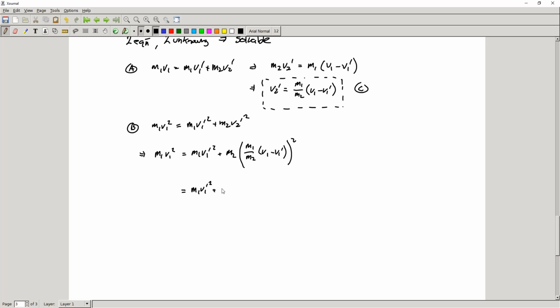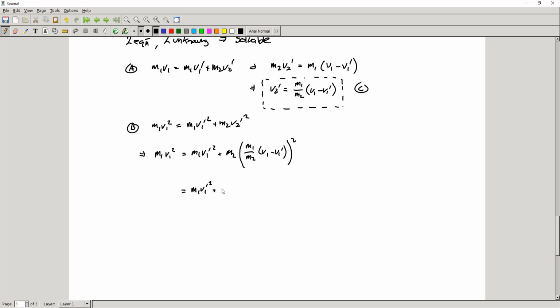Oh, I might have an error in my notes here. M2, M1. Okay, well, my numbers in the end may, well, I'll double check it here.